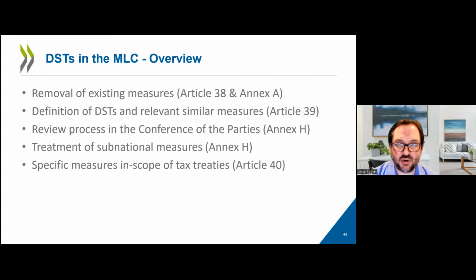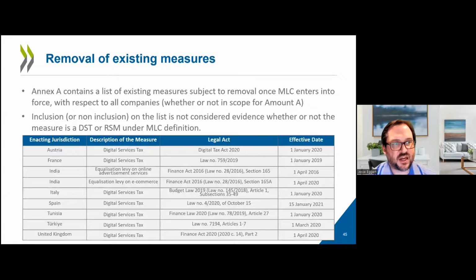It addresses the treatment of subnational measures imposed by subnational jurisdictions of parties, and it deals with certain other types of measures that are within the scope of tax treaties and that otherwise don't meet the definition of DSTs or relevant similar measures.